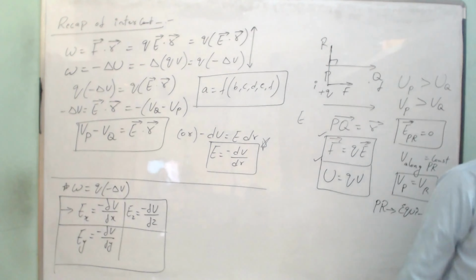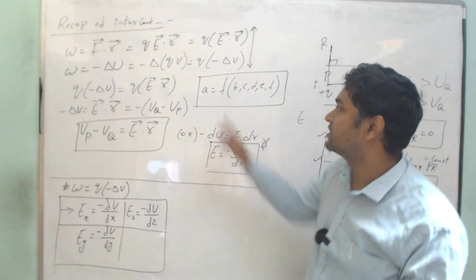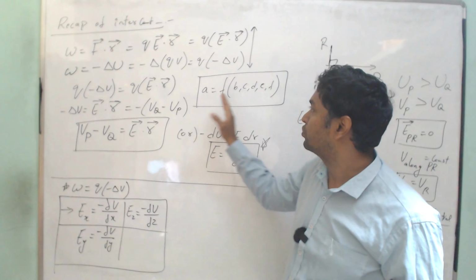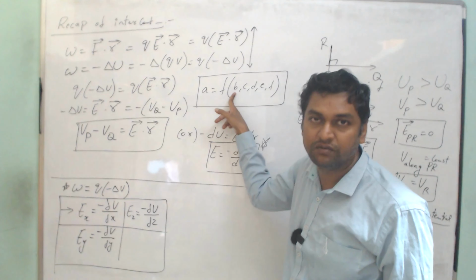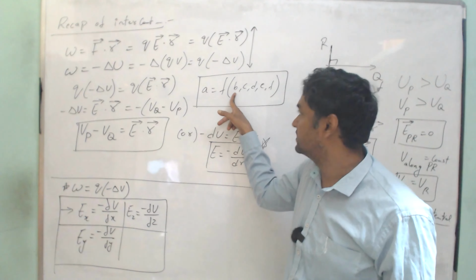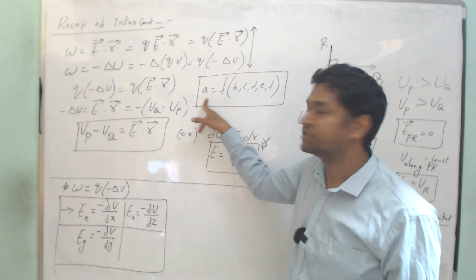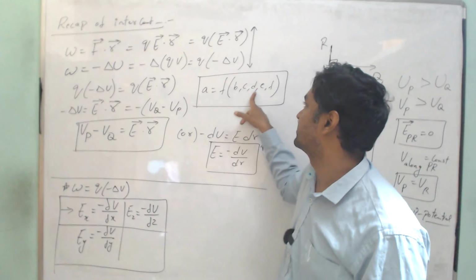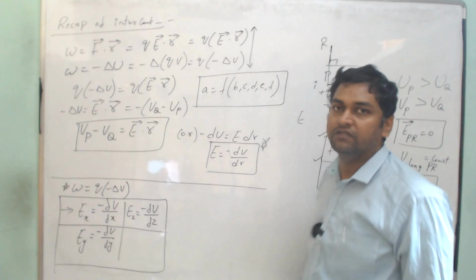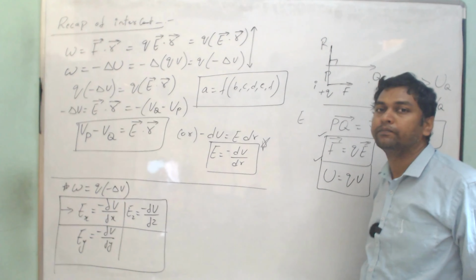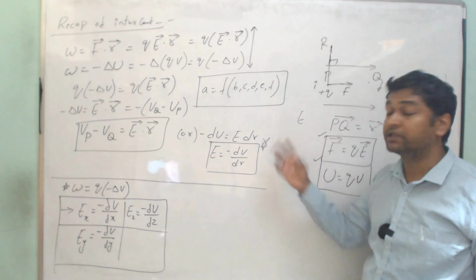If I want to study the variation of A due to one individual variable, see, if I vary B, A will change. If I vary C, A will change. If I vary D, A will change. If I vary E and F, A will change. I can vary multiple things also.